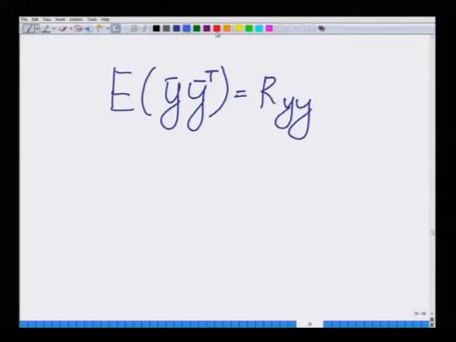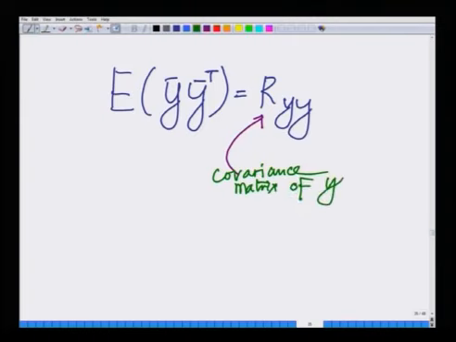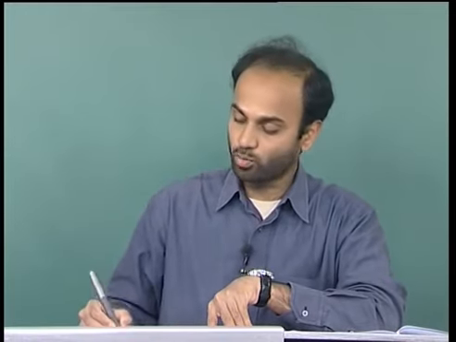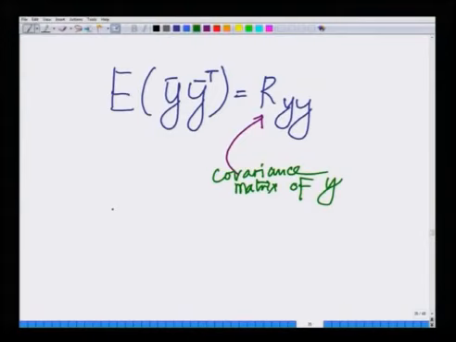This is nothing but the covariance matrix of y. I need this covariance matrix because we are going to look at the mean and expected value of these quantities. So, I am looking at the covariance, which is a statistical parameter of the system, that is the covariance matrix of the output.